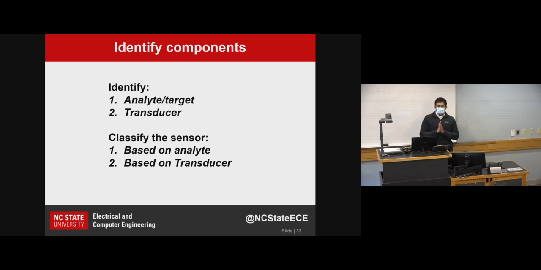Is anyone done? If you need more time, that's fine too. Janvi, do you need more time? That's fine. I'm struggling with the identification of analyte and transducer in all the examples. Okay, because anyway we're going to go through it. What I suggest is make groups, because it's a community learning experience. We learn and we teach each other and grow.